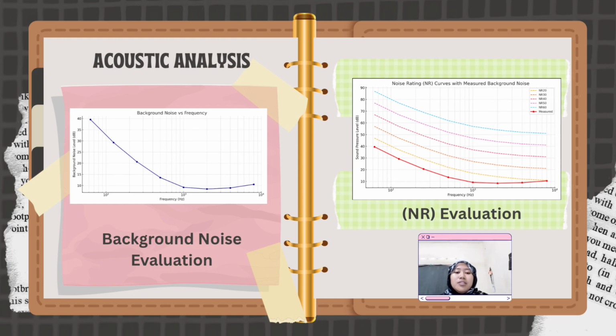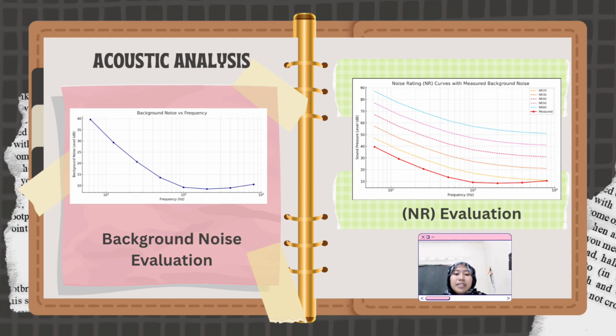Maybe this is because of the HVAC system or structural vibration surrounding the classroom. At higher frequencies the noise level dropped significantly, mostly falling below 15 decibels. That's a good sign because these are the frequencies that directly impact speech clarity.